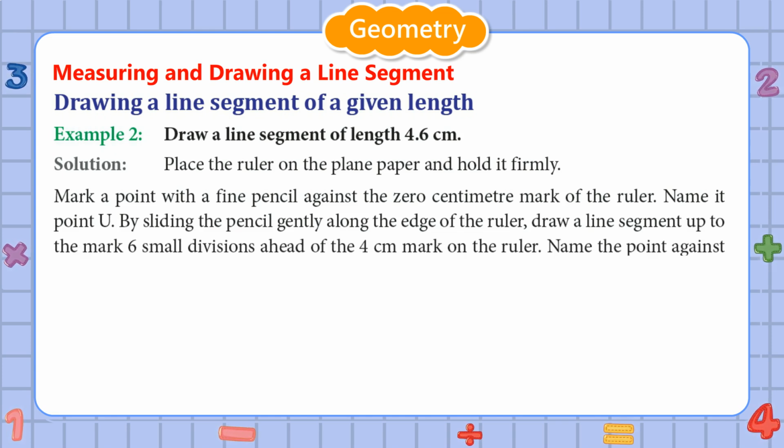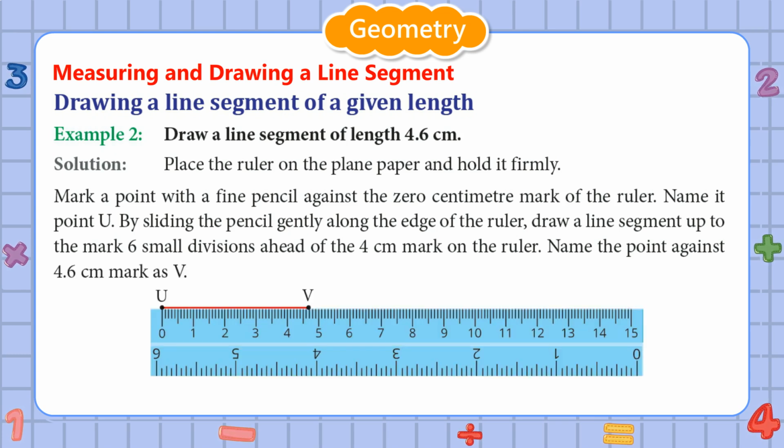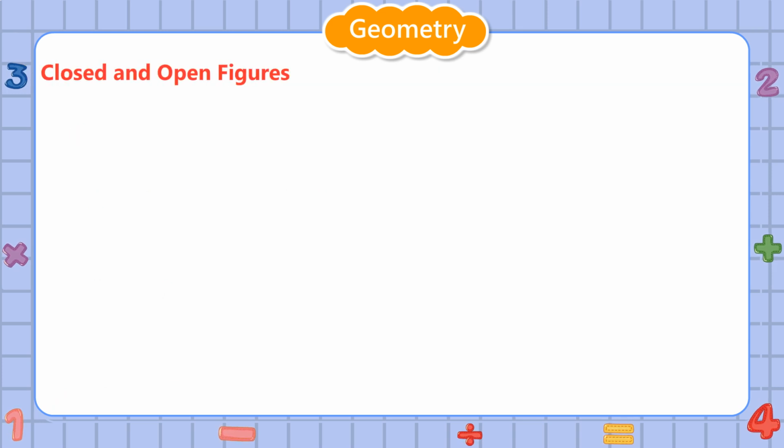Draw a line segment up to the marked 6 small divisions ahead of the 4 cm mark on the ruler. Name the point against the 4.6 cm mark as V. Then the line segment UV is equal to 4.6 cm or 4 cm 6 mm.